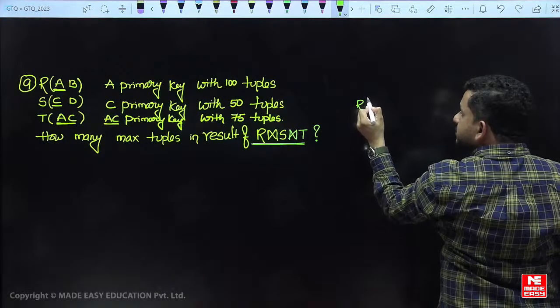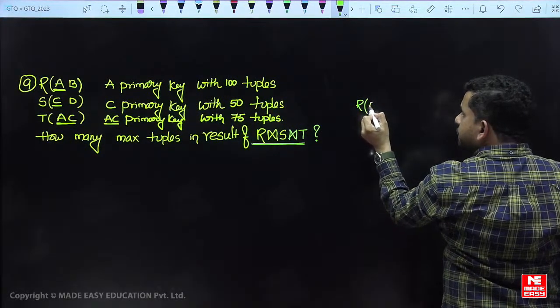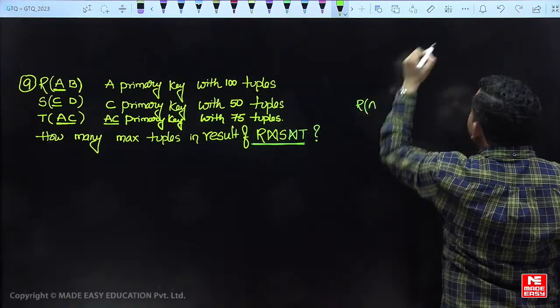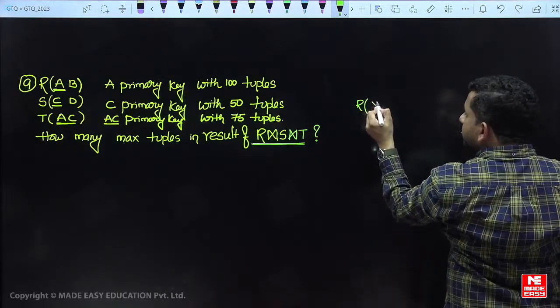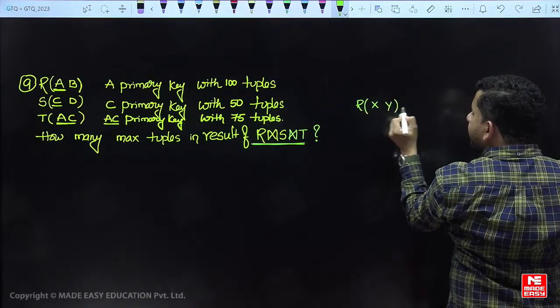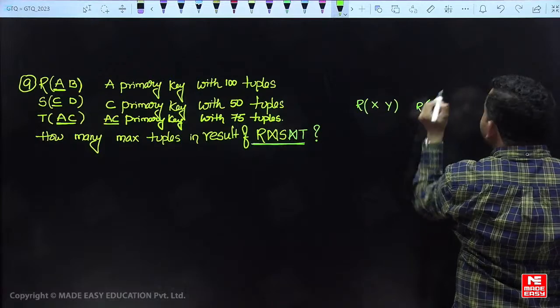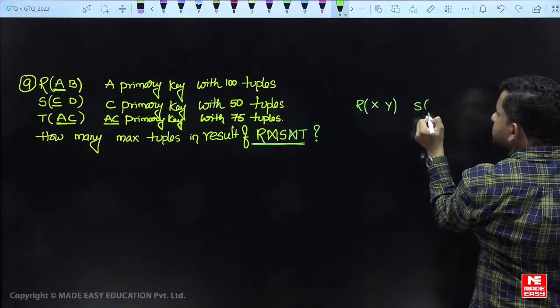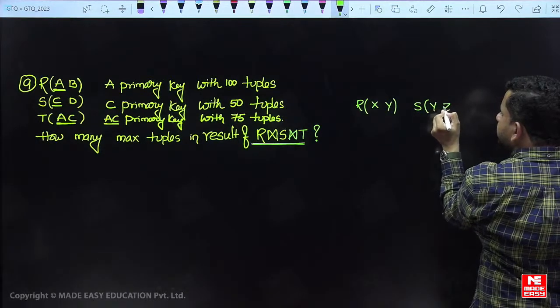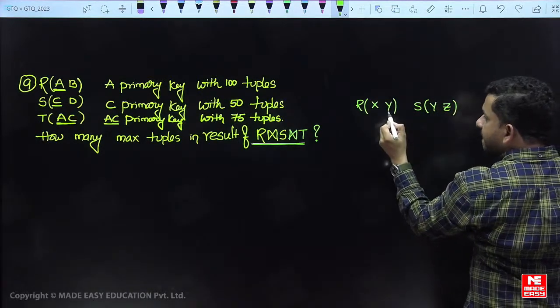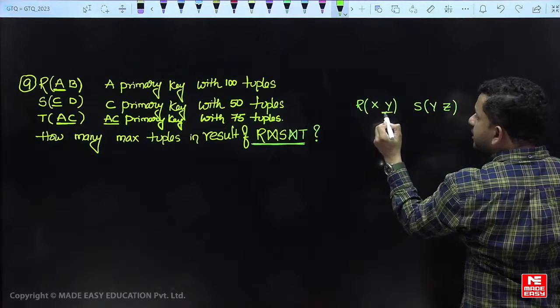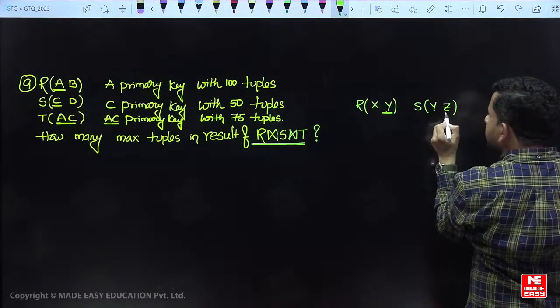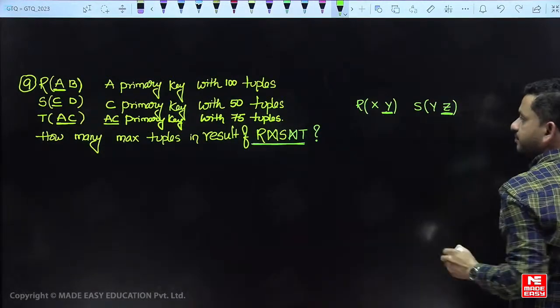For example, let's say the first relation is xy and the second relation is yz. The common attribute y is a key for the first relation, but not a key for the second relation.